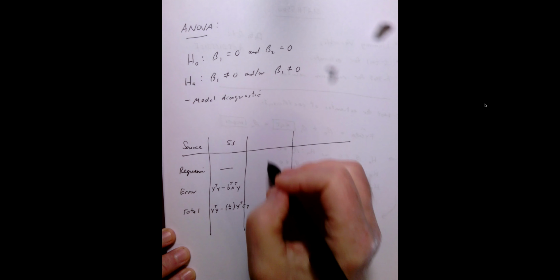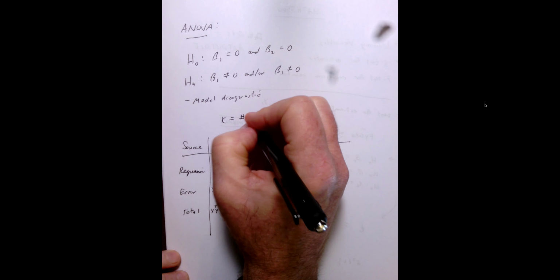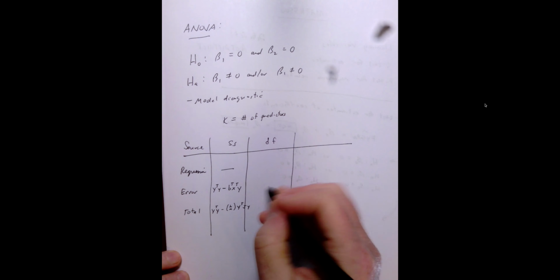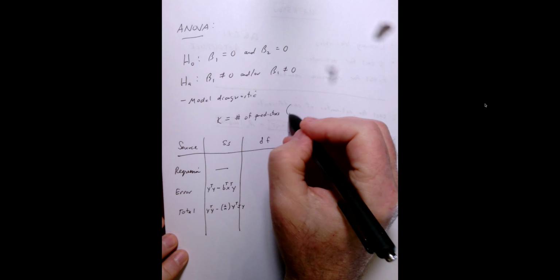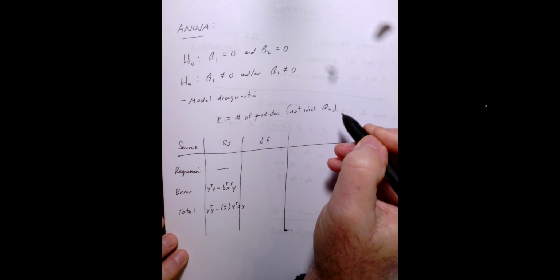So now we get into the degrees of freedom. The degrees of freedom turn out to be, if we let k equal the number of predictors, and I think this is the easiest way to remember the degrees of freedom for the Anova table, not including beta 0. Beta 0 is not really a predictor.